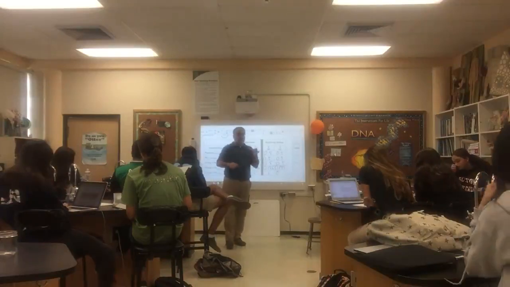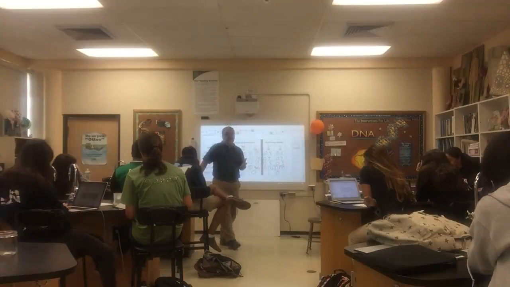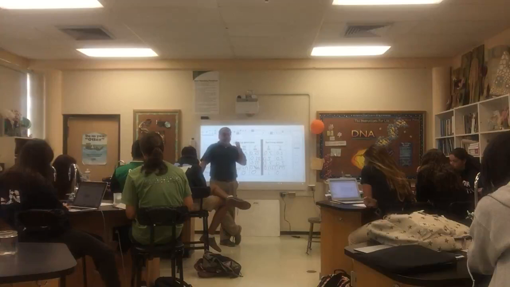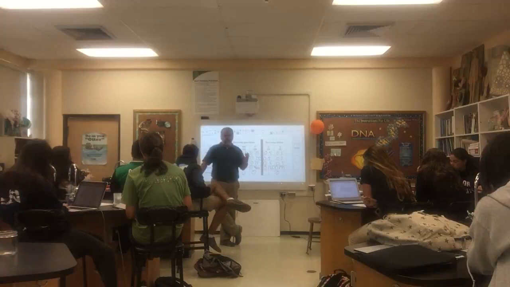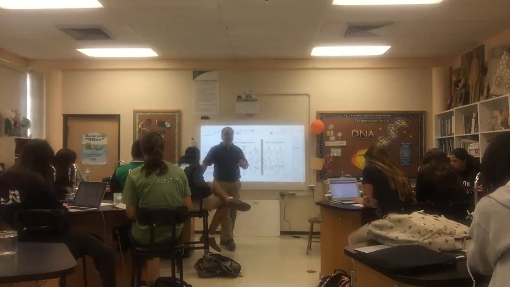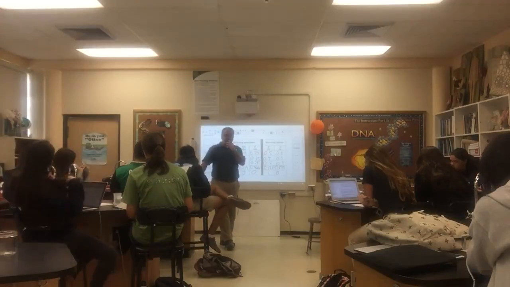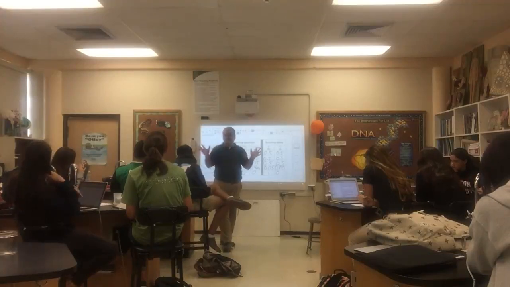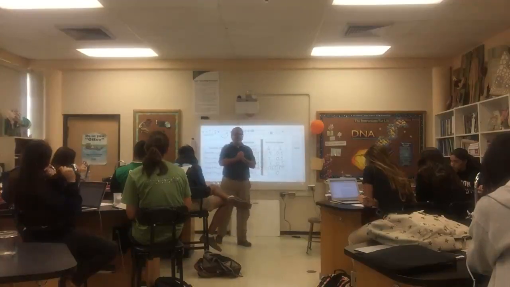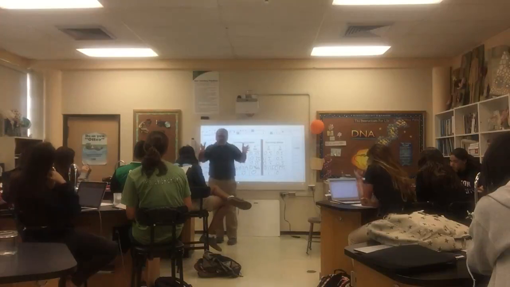And then to finish with the concept of genetic drift, if we increase or decrease the number of alleles in a population, what can be the result in terms of the future of that species?